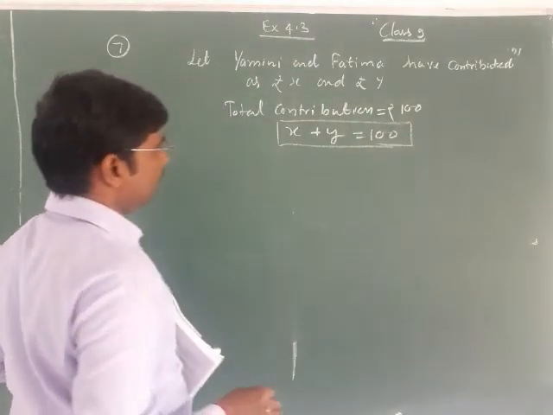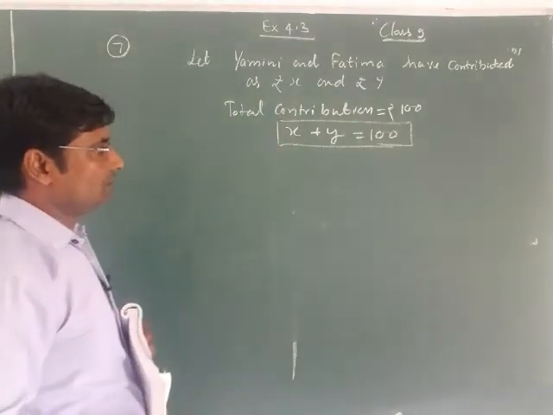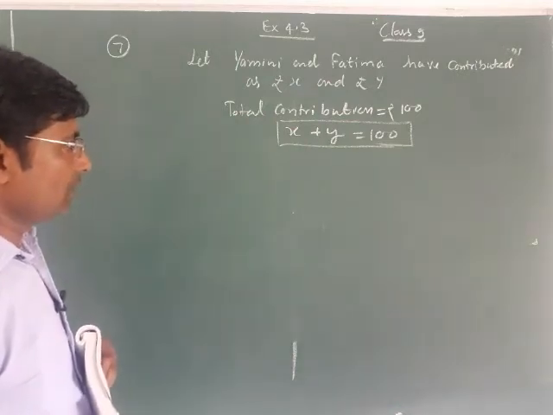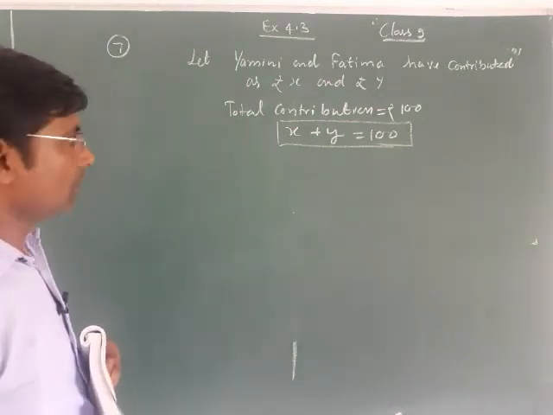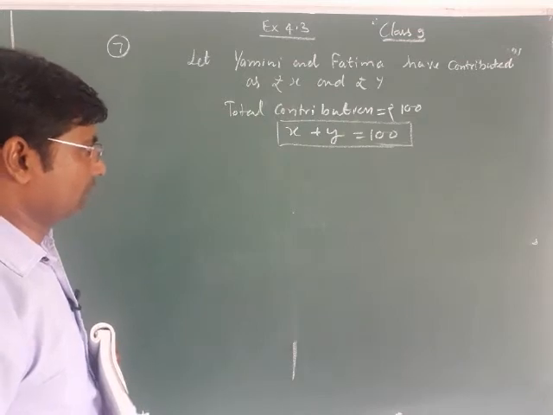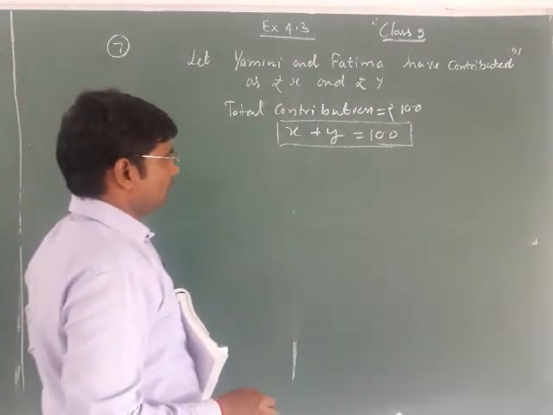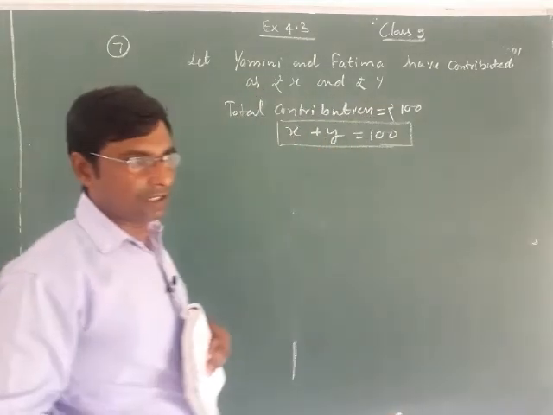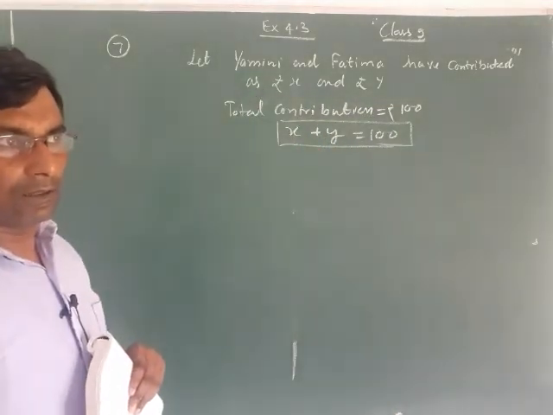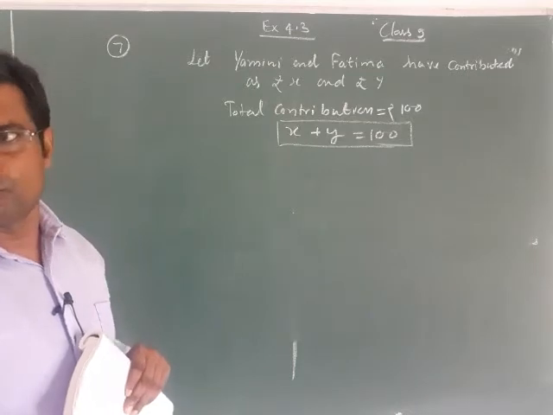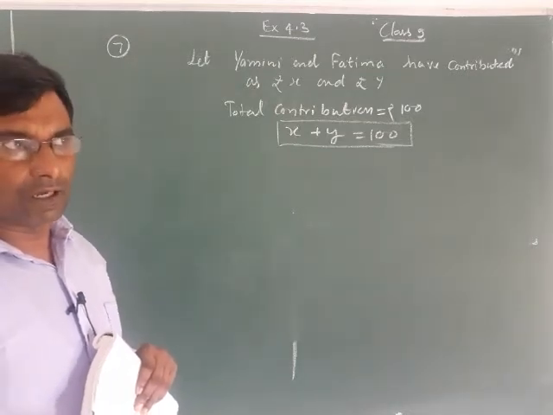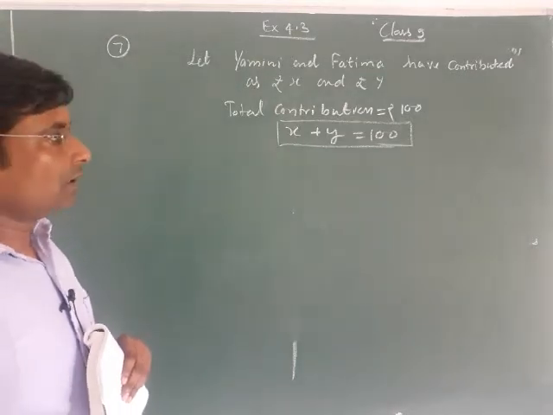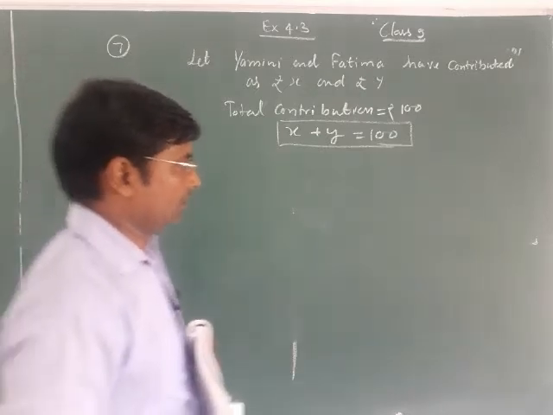So with the help of this equation, we can plot the graph. Plot a straight line, make a straight line between 2 points. If 2 points are joined, they make a line.